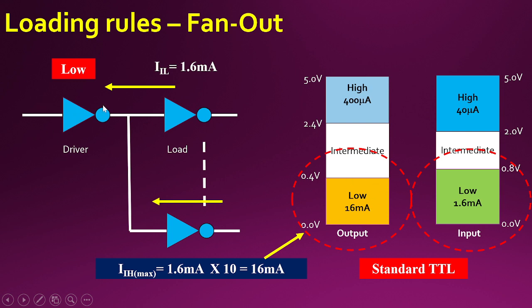So in this case, in both situations, whether it is high or low, it is successfully and reliably driving 10 standard TTLs. So the fan out in this case, as per the loading rules, is 10.